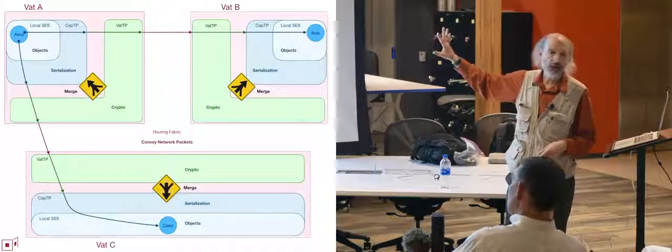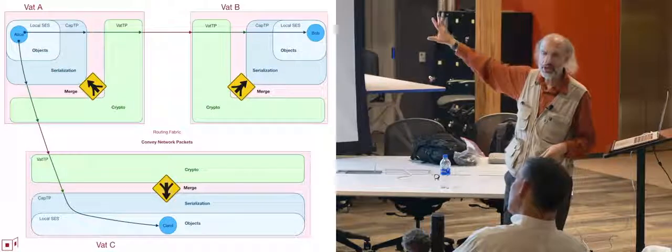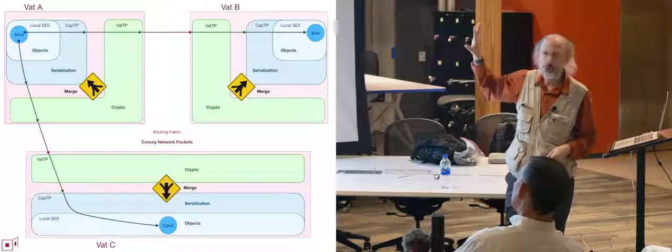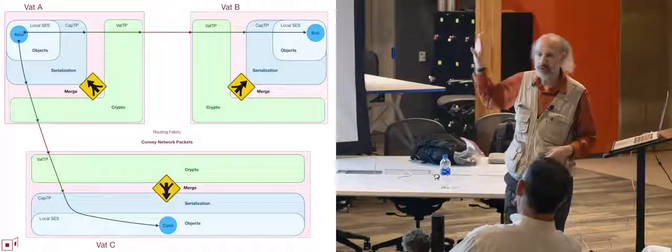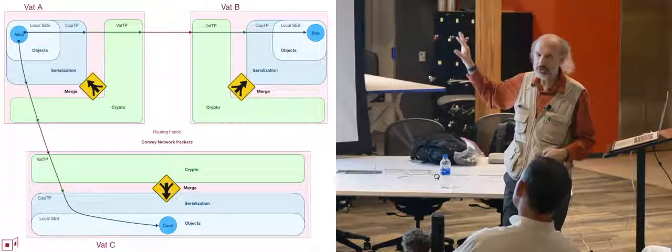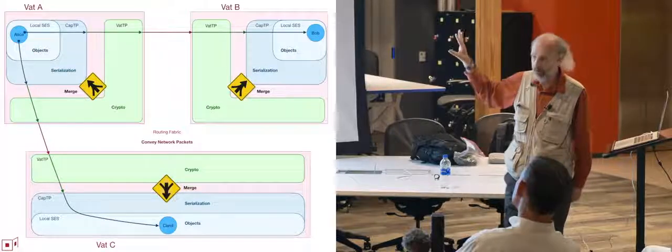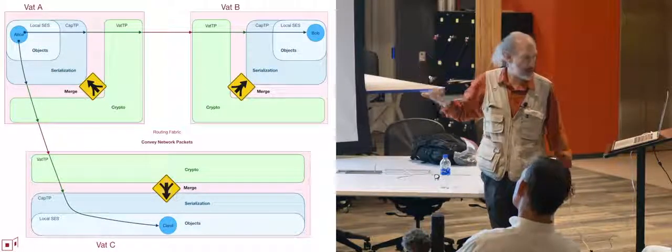So to explain how this whole picture lifts to ride on top of blockchains, I'm first going to take us through the milder step of quorum VATs, of VATs running on quorum machines.